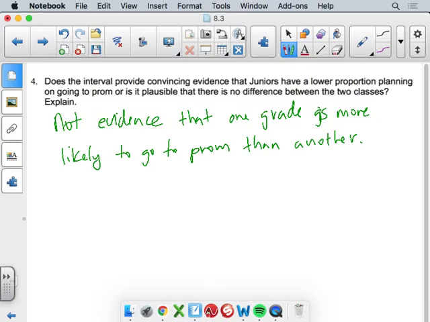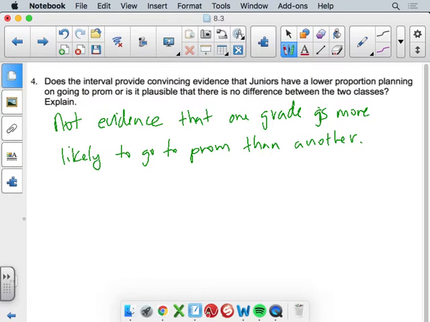So there's no evidence because I had seniors more likely and juniors more likely in my confidence interval. Since I had both of them with an equal chance of happening, then there's no evidence either way.